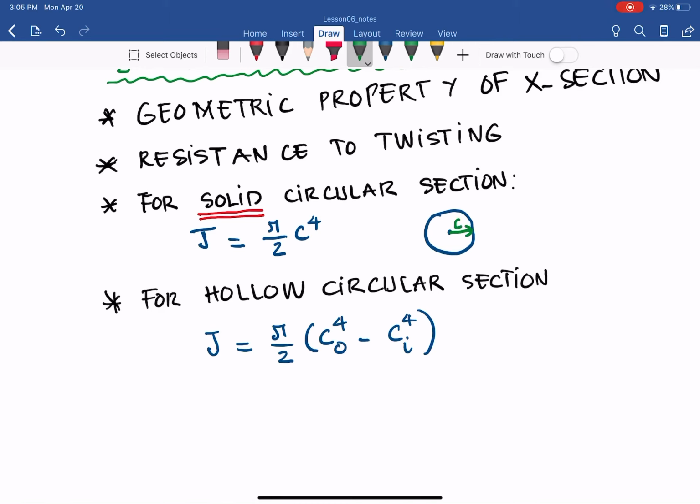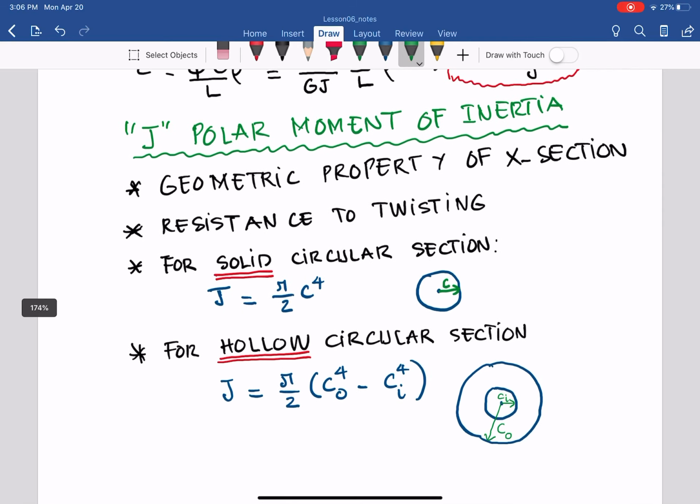For a hollow circular cross section, we draw it with the hollow, so the inner radius is c_i and the outer radius is c_o. So that's what we have for the polar moment of inertia.